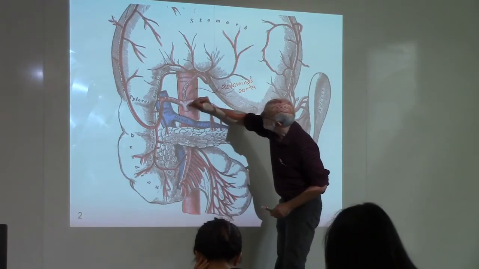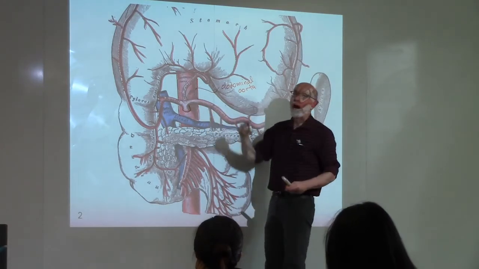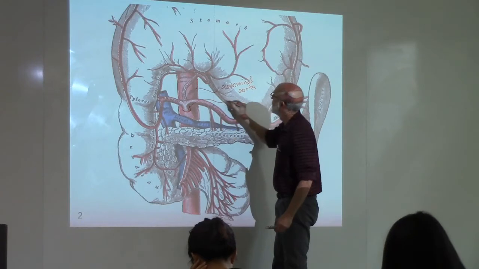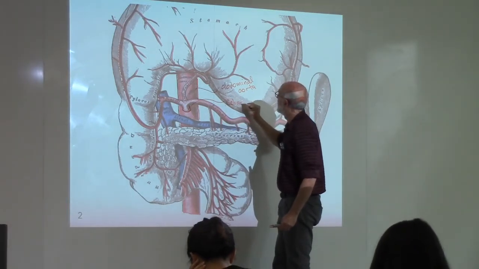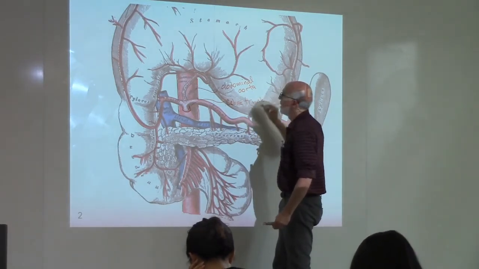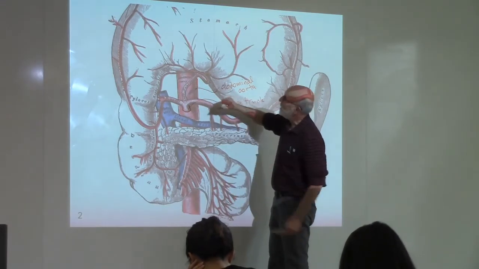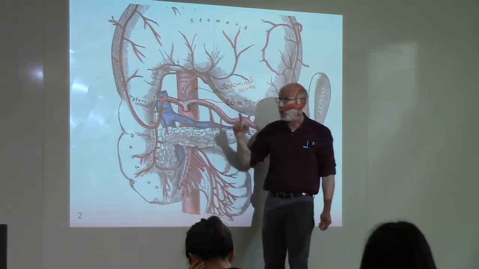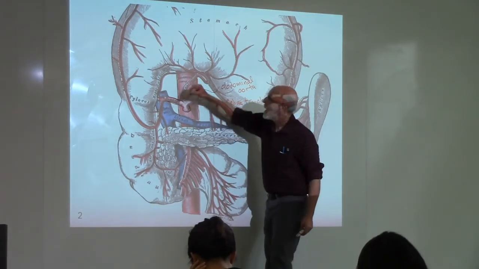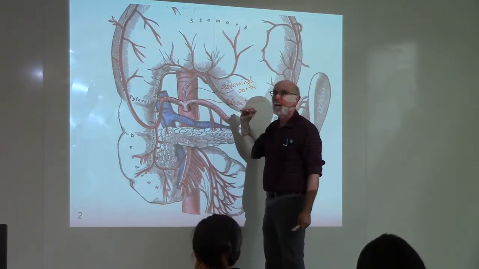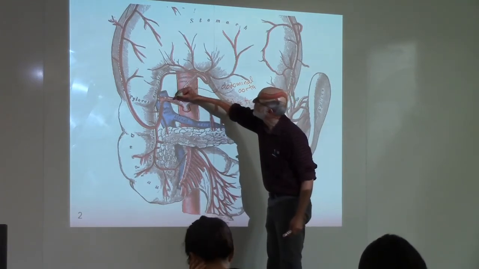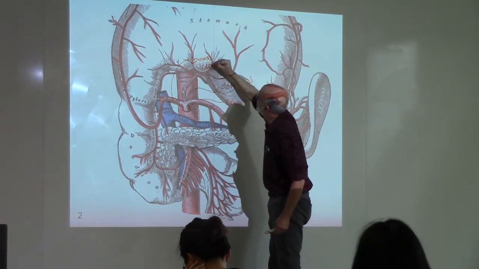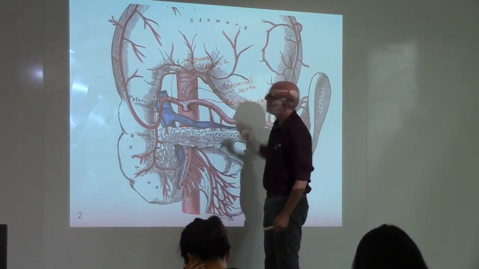What do we call this structure right here that is coming out of the abdominal aorta? Celiac trunk. And the celiac trunk divides into 3 branches. What is this one going off to the right? Hepatic. So this is the common hepatic artery.